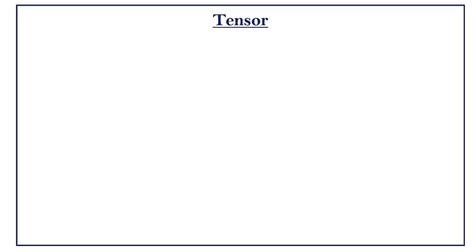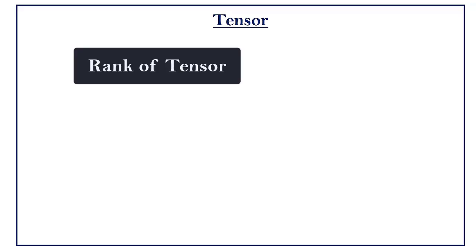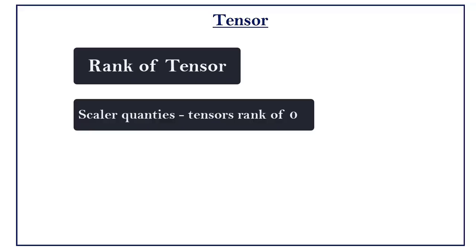Another very important term while dealing with tensor is the rank of a tensor. Basically, all quantities are tensor quantities depending upon their rank. Scalar quantities are denoted as tensors of rank 0.